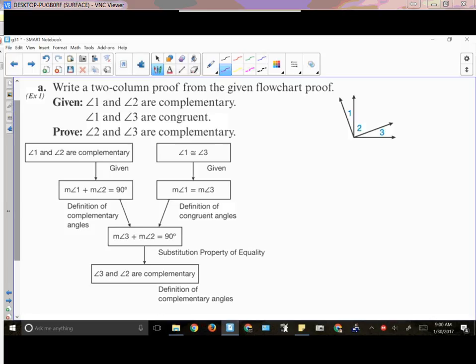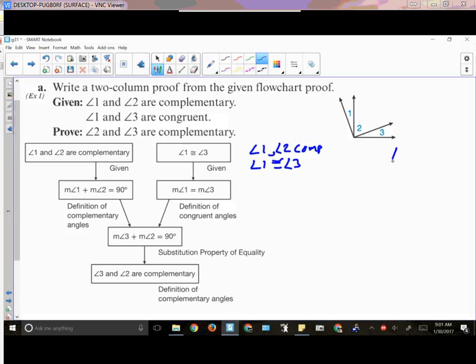All right. So, how this should look translated over. Now, yours might be a little bit different. That's fine. But we would say that angle 1, angle 2 complementary, angle 1 congruent angle 3.